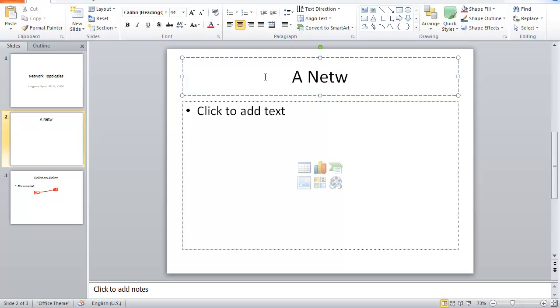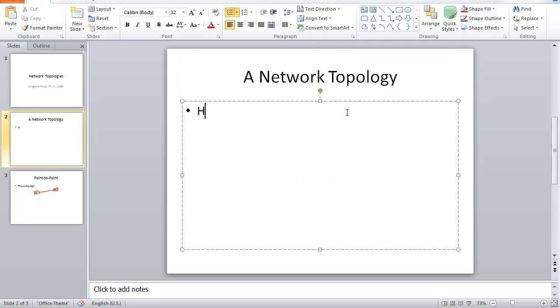Network topology basically means describing how network devices are put together to form a network.